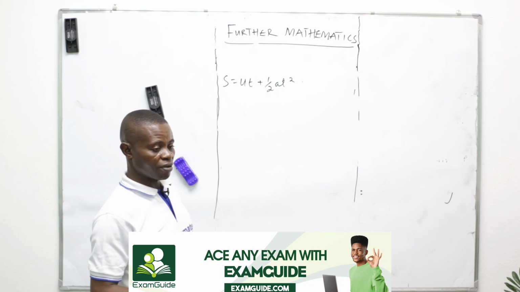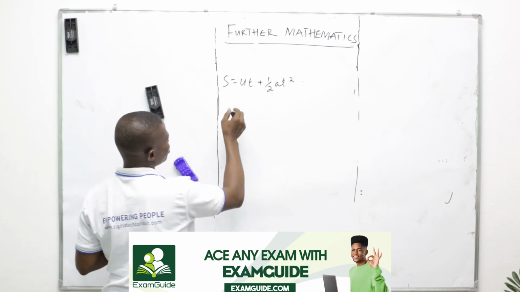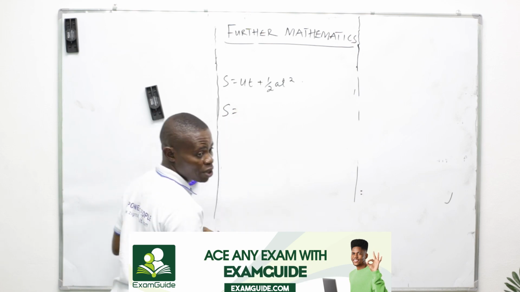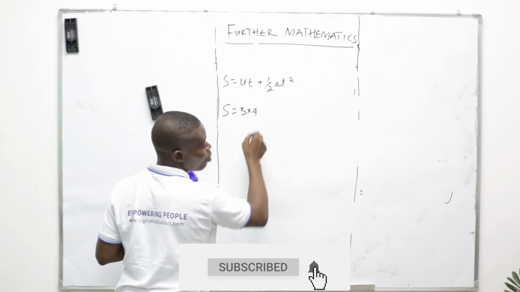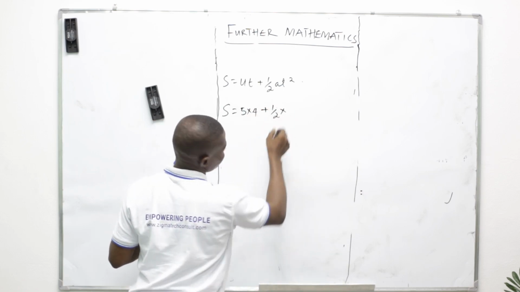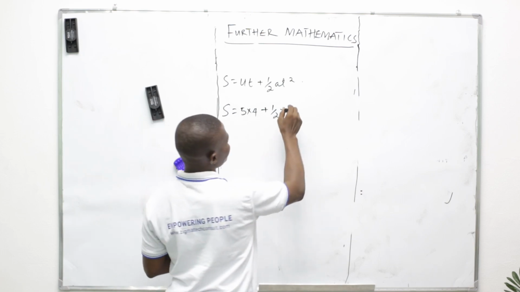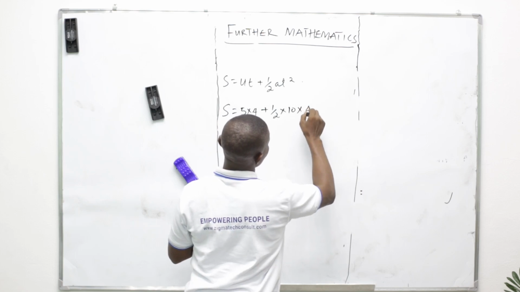So S equals u, the velocity given, multiplied by 4, which is the time, plus 1 over 2 times a, times 4 squared.